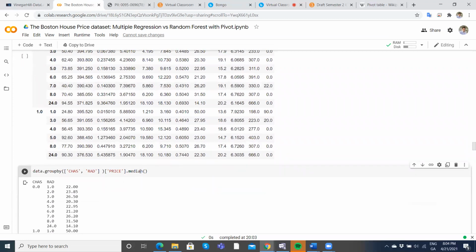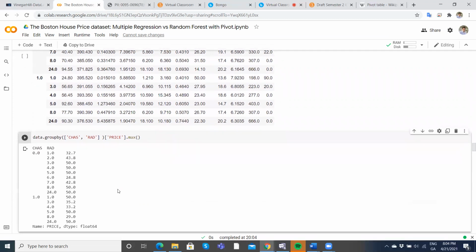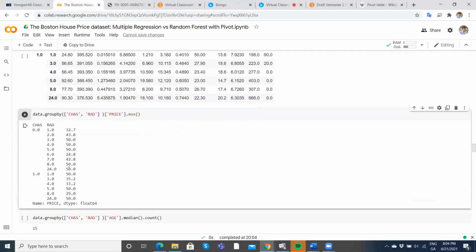So we wanted the median price, but I could also say here something like, well, maybe I'd like to look at the maximum price, the maximum, right? And I want to look at maybe the minimum price.